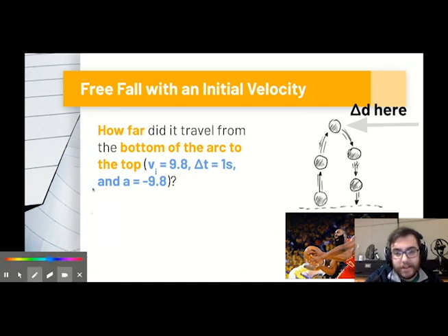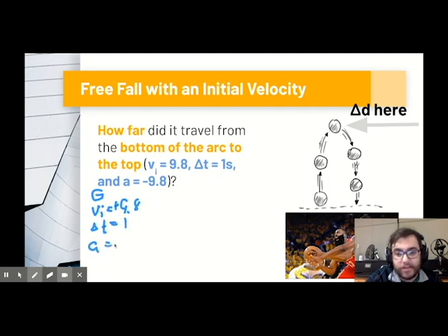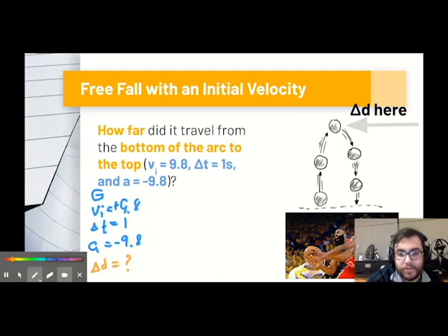So GUESS method it up. So Vi is equal to 9.8. So that's positive, right? Delta t is equal to 1. A, again, equal to negative 9.8. We want to find the displacement. It's equal to question mark.